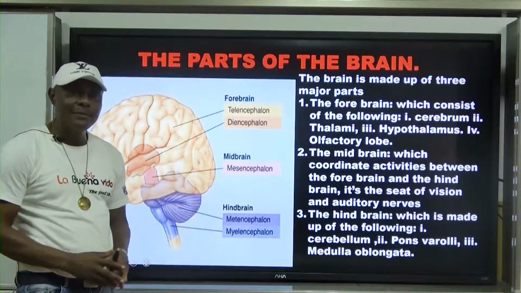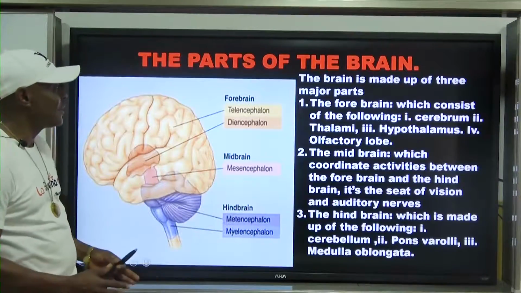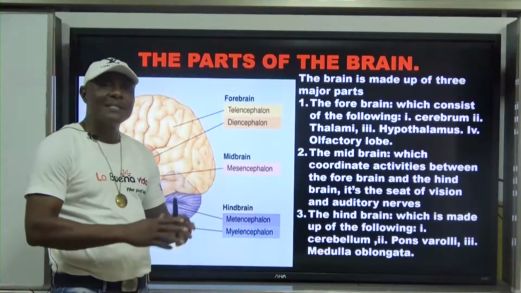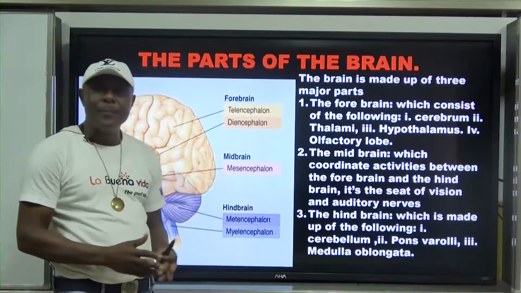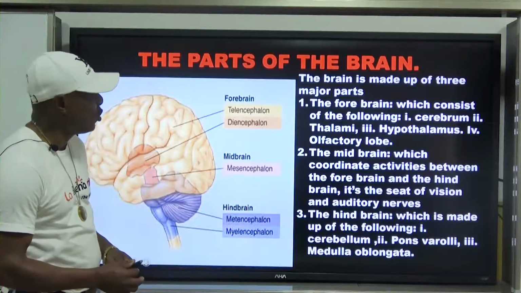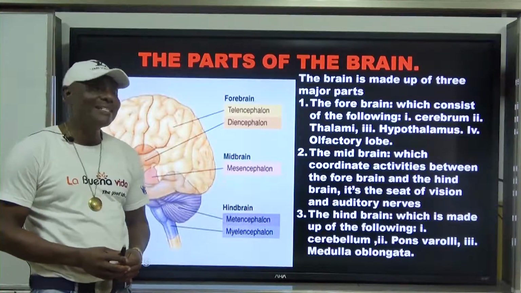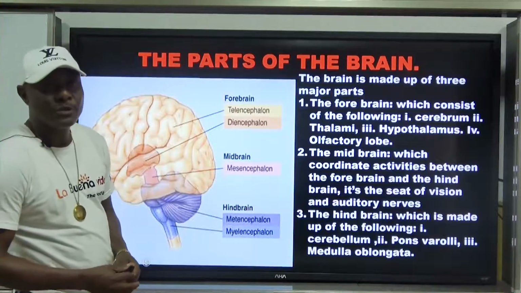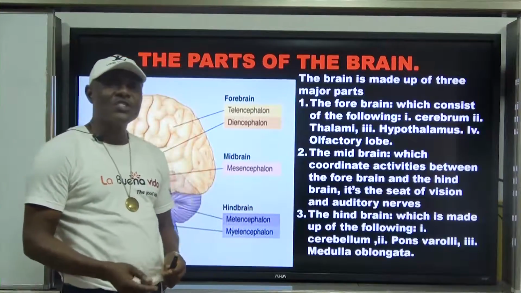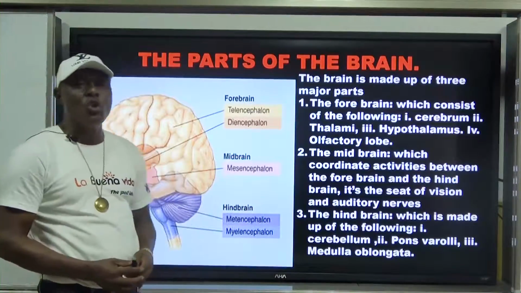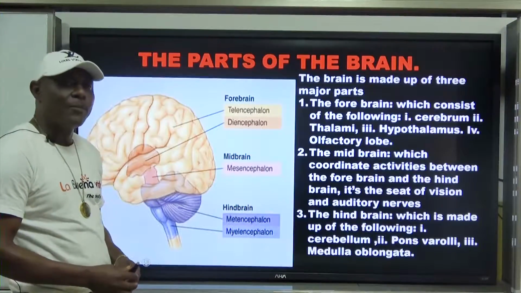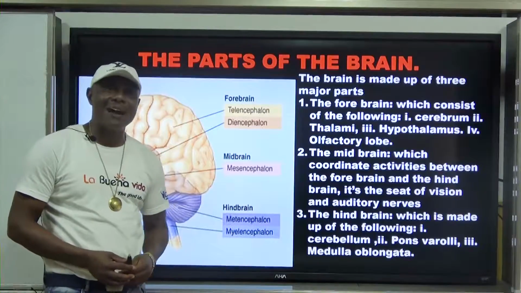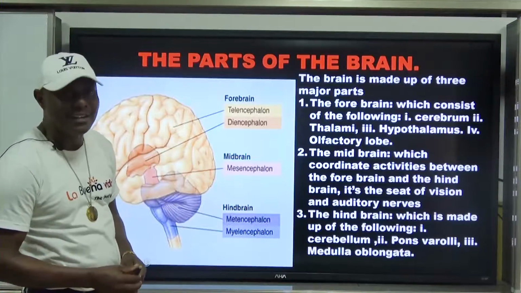The forebrain is that part of the brain that is made up of the cerebrum, the thalami, hypothalamy, and the olfactory lobe. The olfactory lobe is the seat of smell. The nose is connected directly to the olfactory lobe and has the ability to interpret smells. The cerebrum is the seat of intelligence and controls virtually all the reflex actions of the body.